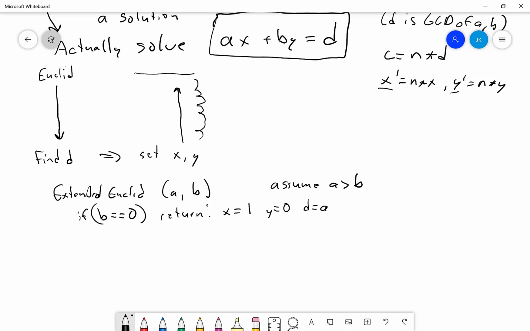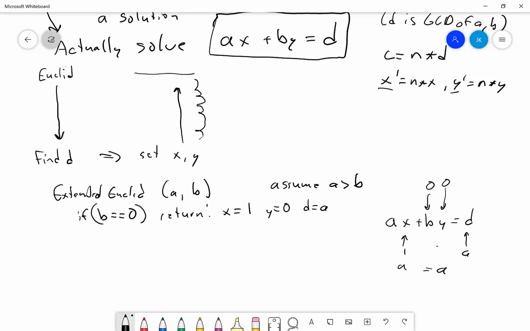What this means is that we have an equation ax plus by equals d. Well, if x has the value 1, and b has the value 0, and we just set 0 to y, and this has the value a, well, sure enough, this comes out to a equals a. So that's trivially an acceptable solution.